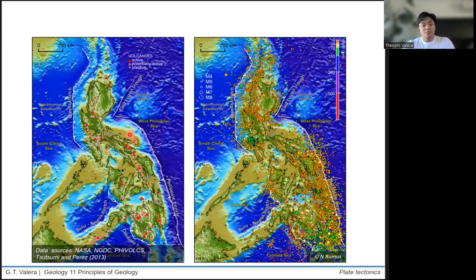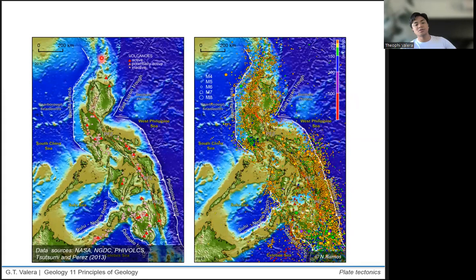This Philippine Mobile Belt is basically not a single but multiple oceanic crusts that were joined together because of these collisions, because of this convergence, and because of this arc magmatism. So as you can see from here, basically volcanoes have lined up the Philippines since hundreds of millions of years ago.